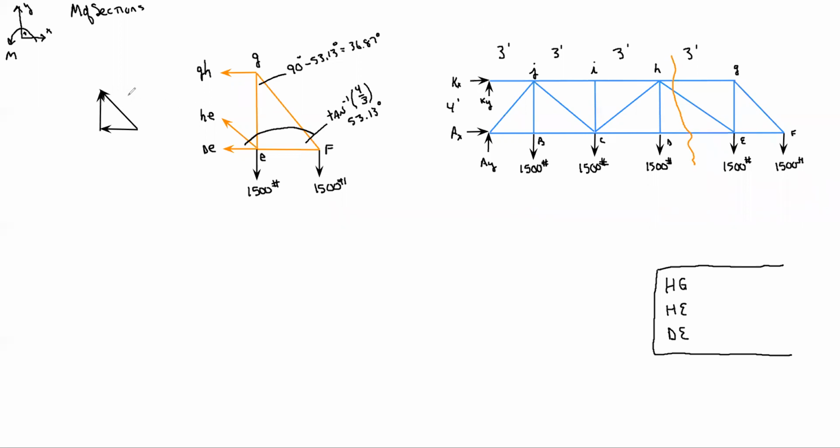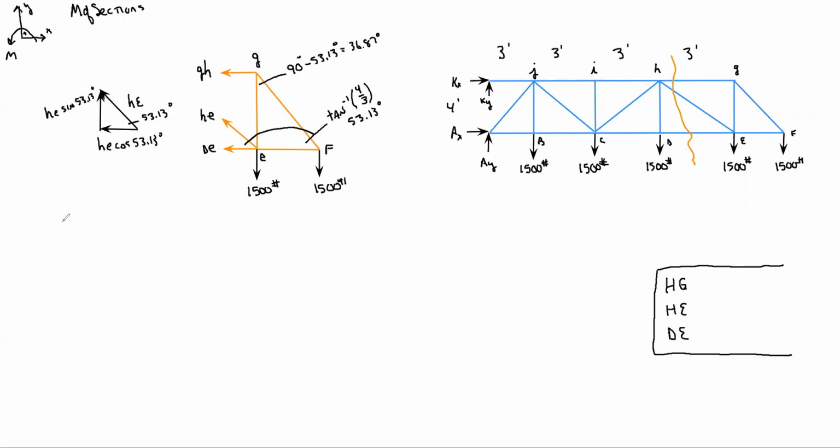This is HE. This is 53.13 degrees. That means this is HE cosine 53.13, and this is HE sine of 53.13.